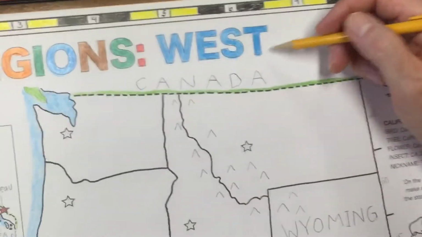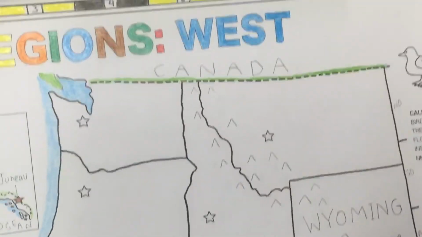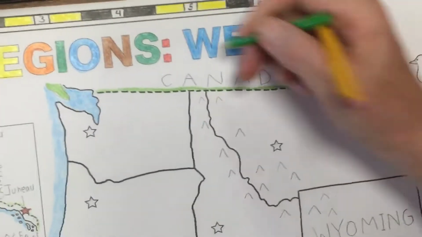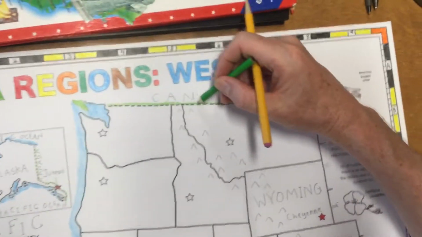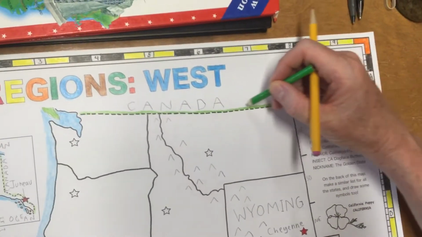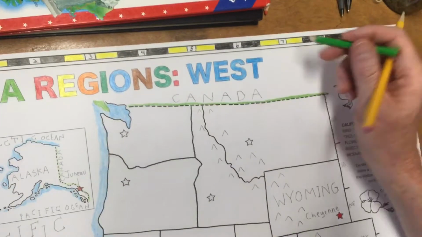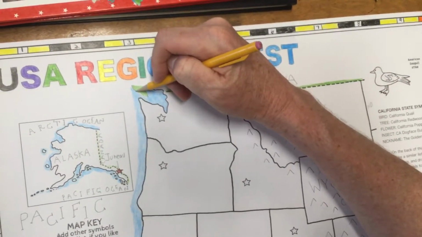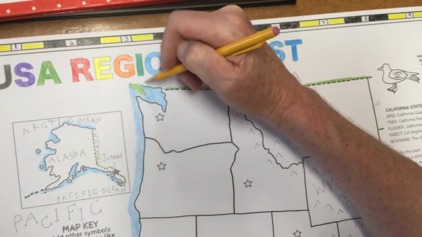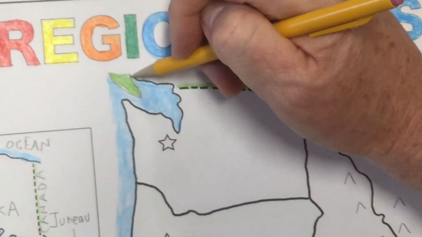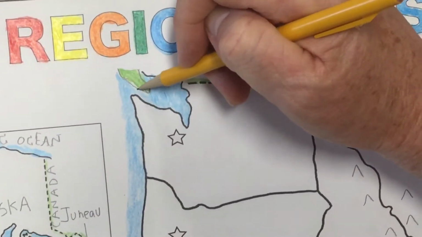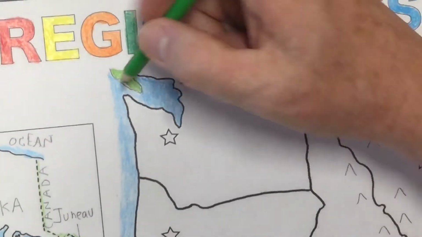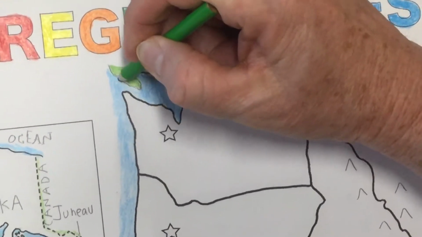There's our neighbor to the north, Canada. And you can see I used a little greenish green edging there. I also drew a little tip of an island that extends into this water of Washington. That's also Canada, Vancouver Island.